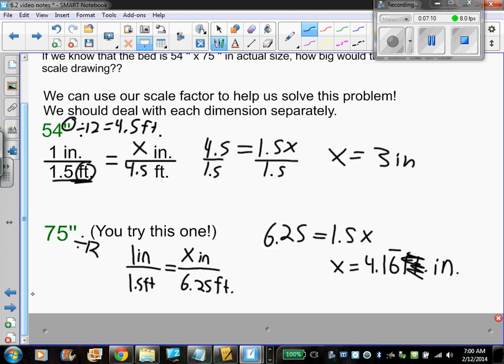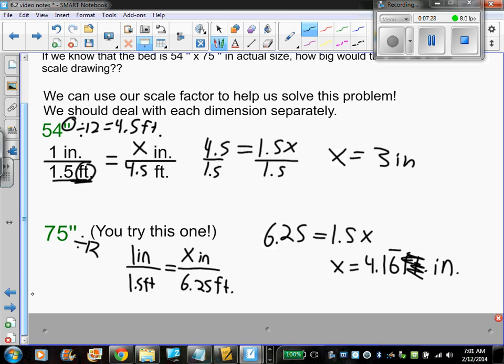So we know that our bed, which was 6.25 feet long, is going to be 4.16 inches long on our scale drawing. So that's the first example on there.